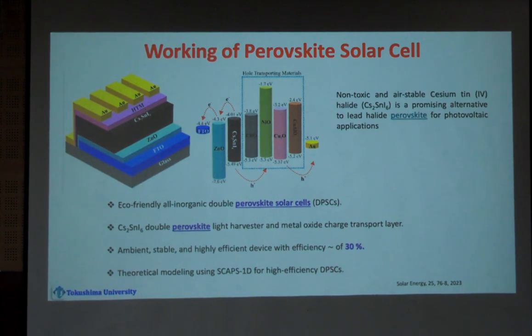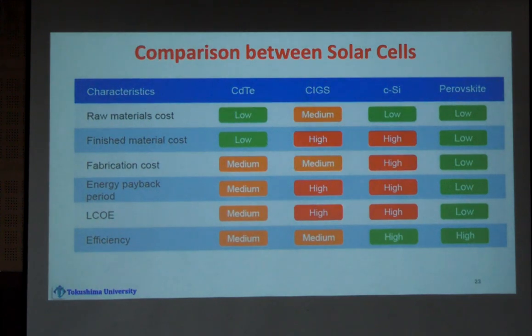These are the advantages of perovskite material compared to other materials used for solar cells like CdTe, CIGS or silicon.